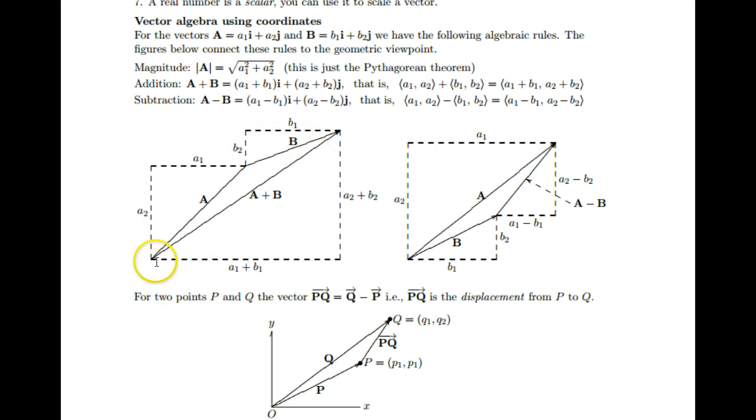So this whole length here is A1 plus B1, and the whole height, we went up A2 and then we go up B2 more, is A2 plus B2.